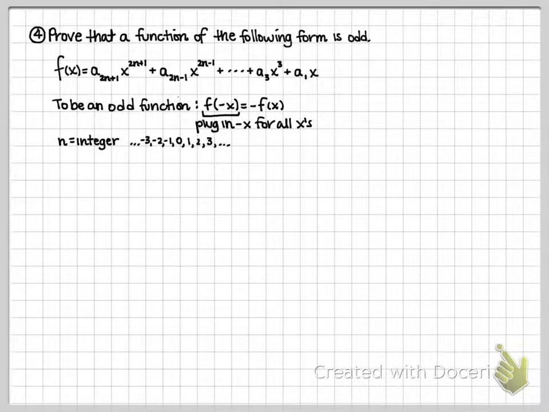We need to be able to figure out what this means, because those are exponents for us. So if we wanted to take 2n plus 1, or 2n minus 1, or this whole cubed business, we need to know what type of an exponent this is going to be.